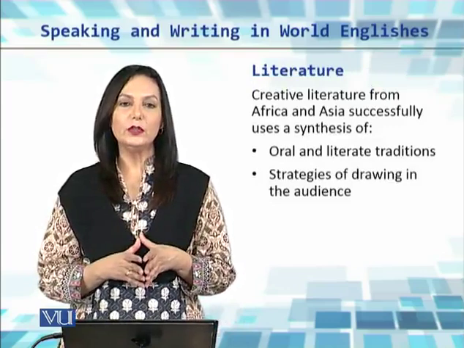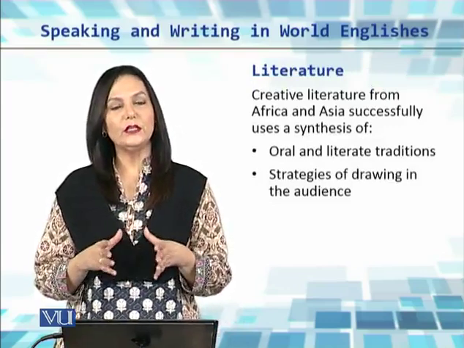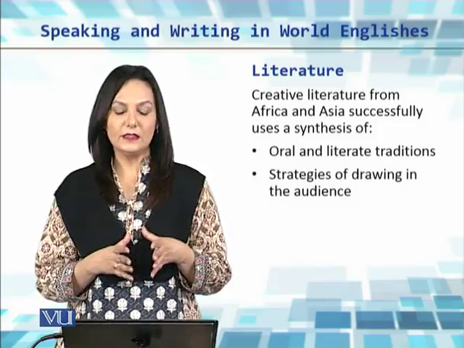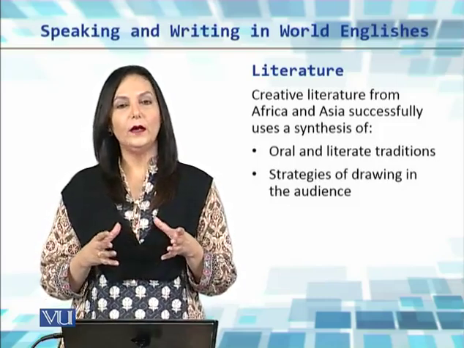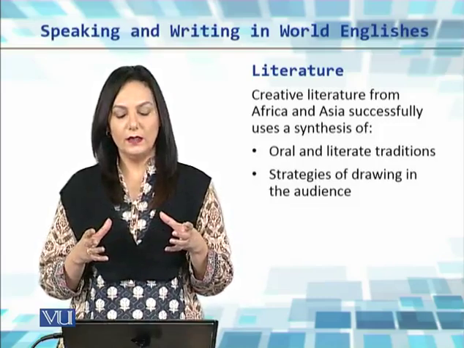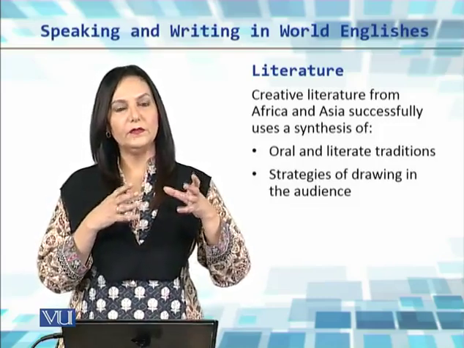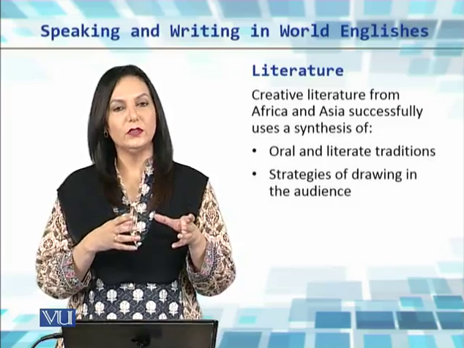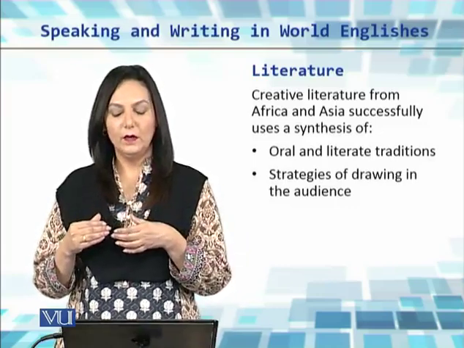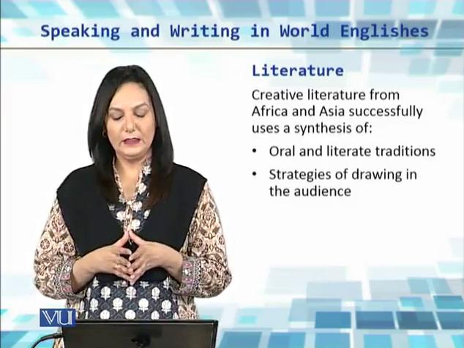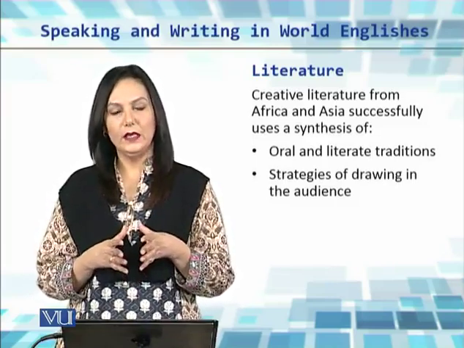The literature which is produced in the outer and expanding circle countries in English, the writers have successfully shown a synthesis, an assimilation of conventions or rhetorical strategies from the West and of socio-cultural conventions from outer and expanding circle languages and writing.